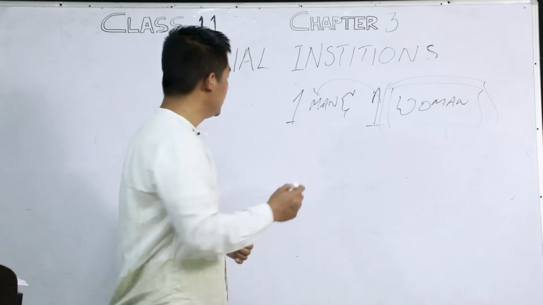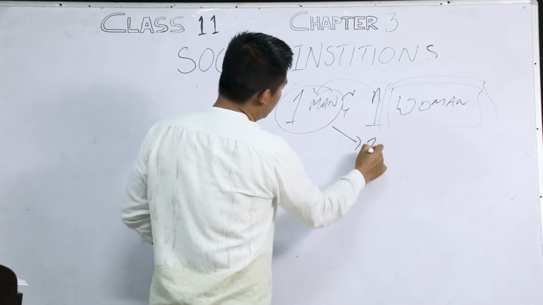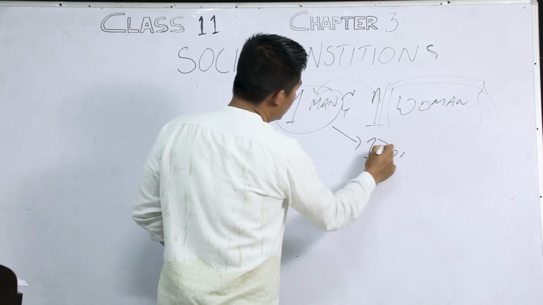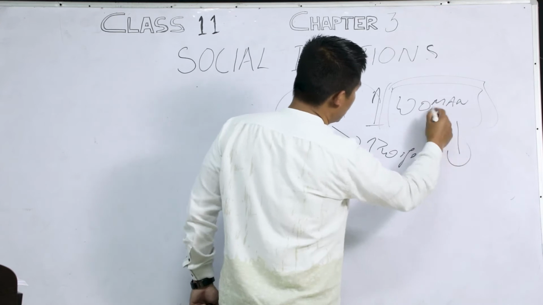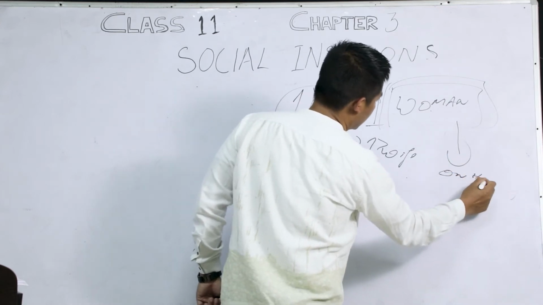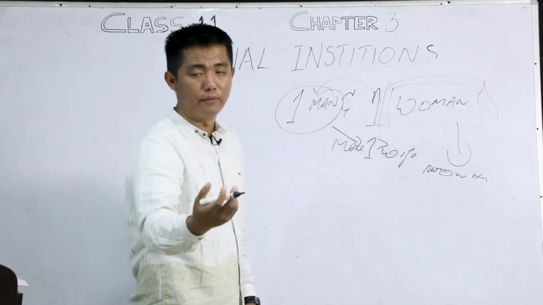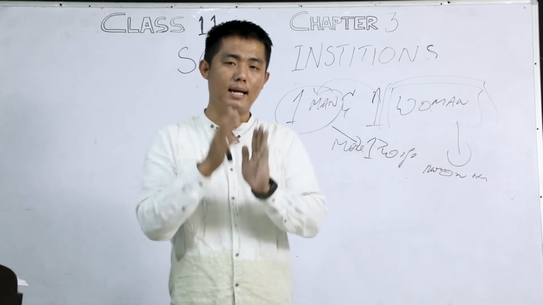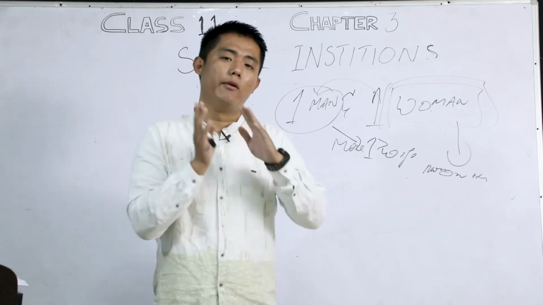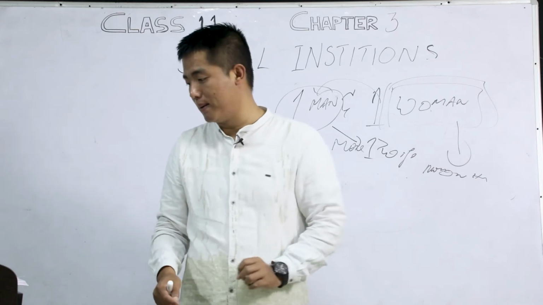Polygamy means either the man has more than one wife, or the woman has more than one husband. That is what it means by polygamy.